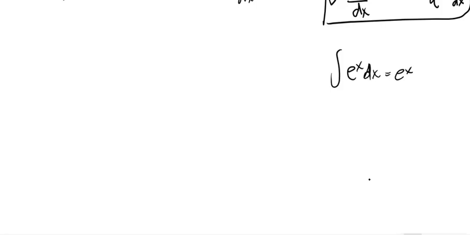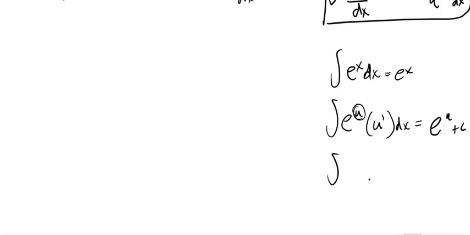Now, I'm not going to do a formula for the chain rule version, because these really depend on you, like if I give you a function of x that is indeed the exponent. So there isn't officially a rule, though you see some textbooks like this: if the derivative shows up in the integral, then the antiderivative of e to the u times u prime would just be e to the u plus c.